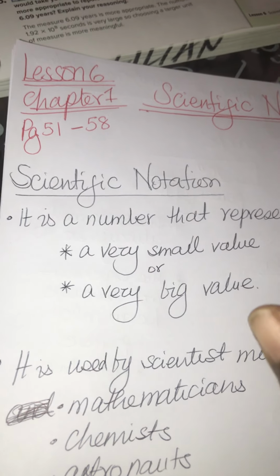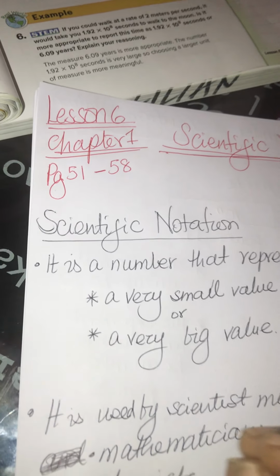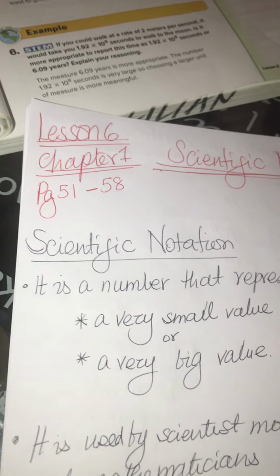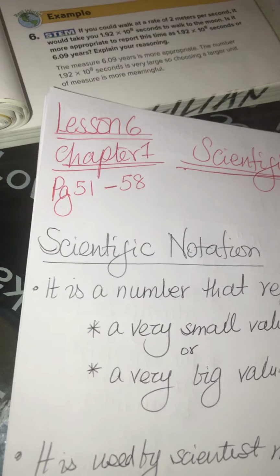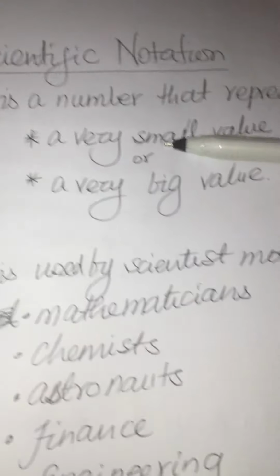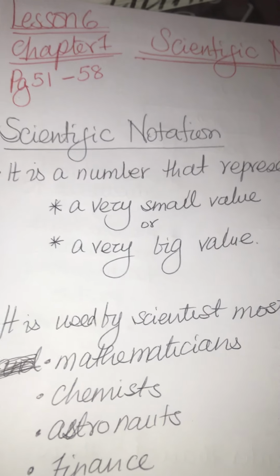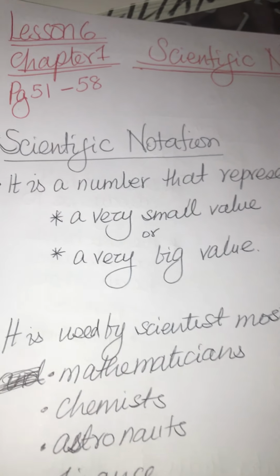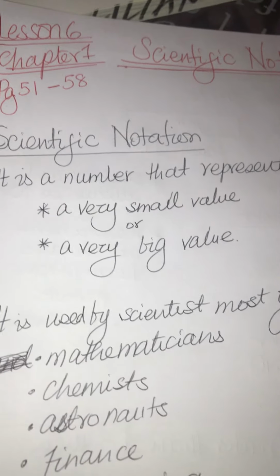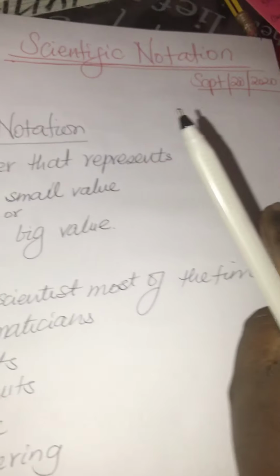So scientific notation is an abbreviation. It is a short form of writing very long values and very short values, okay? So if your number has very many digits, we can't write all these digits on a piece of paper, our paper is just this wide.